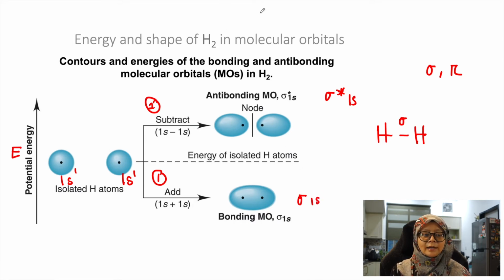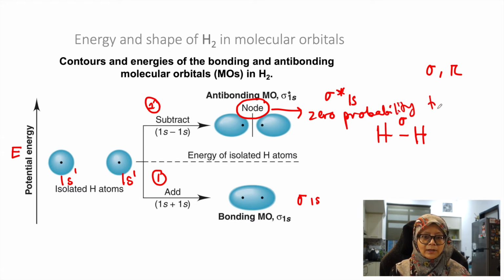So for the anti-bonding, we have a node here, where all the electrons are moved further away from the node. A node is where we have zero probability of finding electrons. This is what you need in order to draw the molecular orbitals.